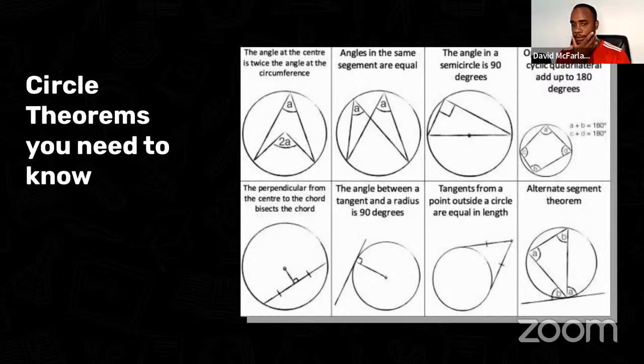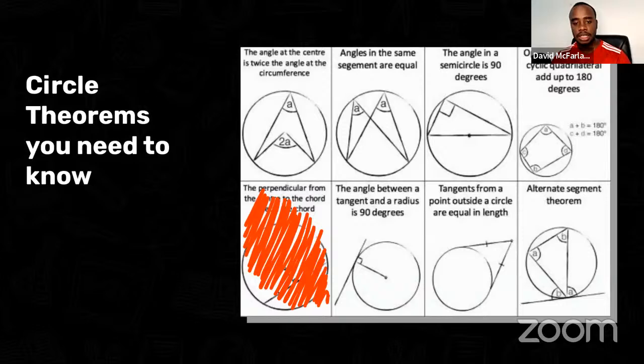Now, these are the circle theorems that you definitely need to know. This was the poster that I found, but excluding this one, I don't really see this one much. So excluding this one, you definitely need to know these 7.